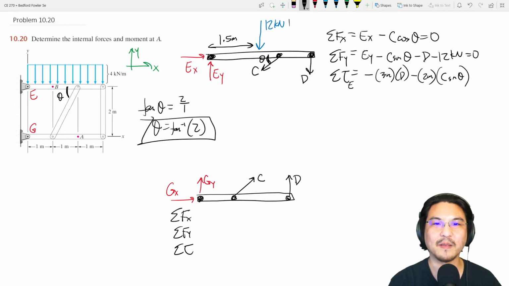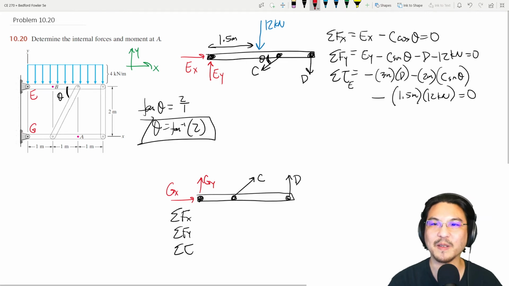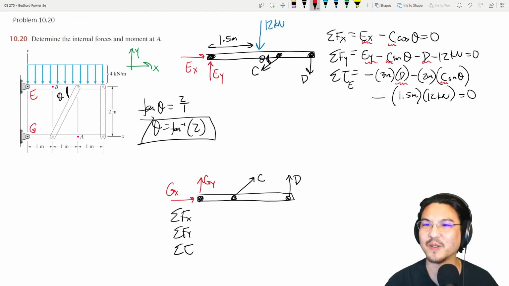And then this is minus 1.5 meters, 12 kilonewtons. Okay, let me point out the unknowns. Okay, so we're not able to solve any of that right now.